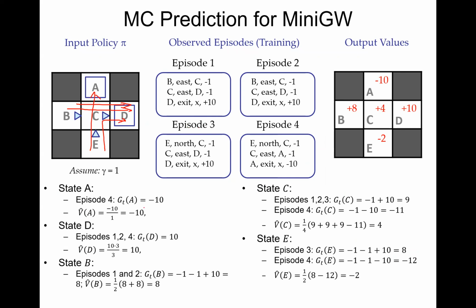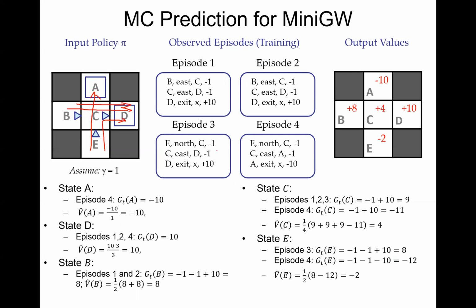For every episode, you compute the return for every state. Then you simply average the return for each state across all the episodes to get the estimation of the value function for that state.